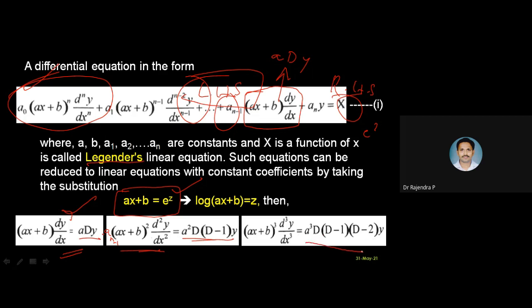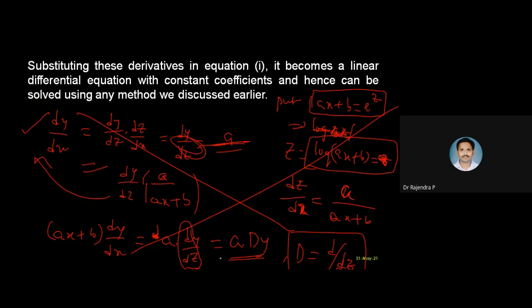Like that it will continue. Here D stands for d by dz. This is very, very important. When I consider ax plus b is equal to e power z, D stands for d by dz.